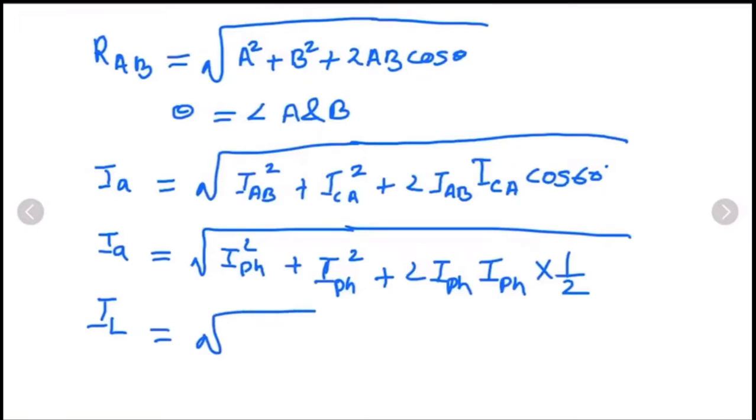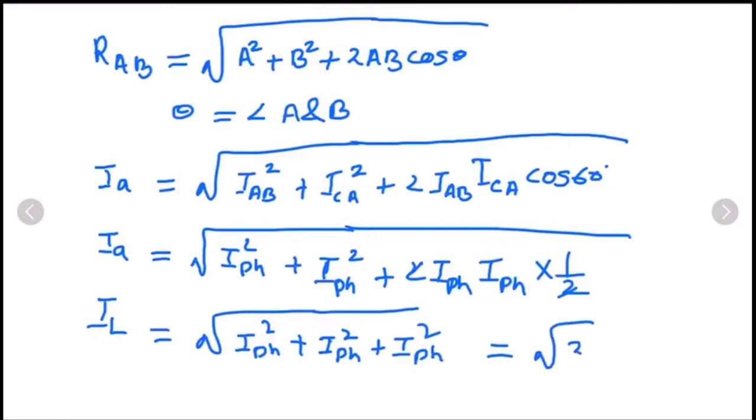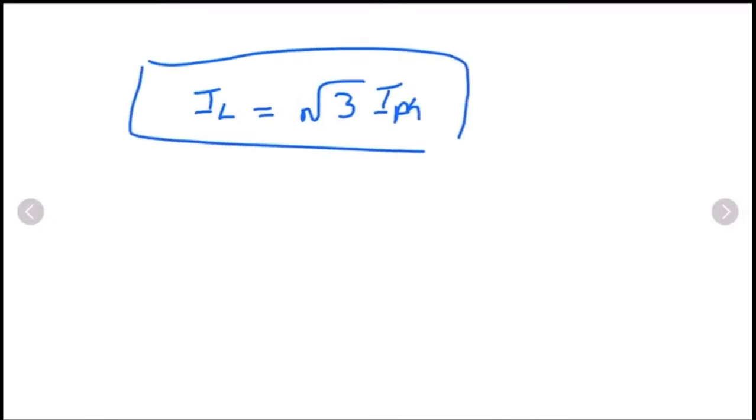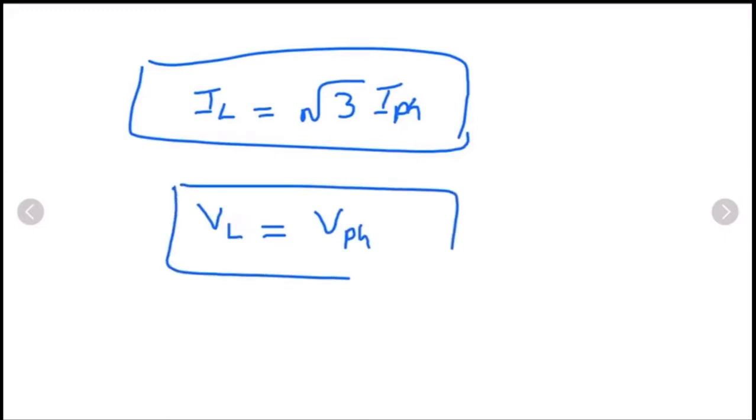So after adding all the above components, this 2 will get cancelled out, and it will be under root of 3 I phase. Finally we can say that line current will be equal to under root of 3 I phase. And for voltage, what we have concluded is VL is equal to VPH. So this is your final relation.